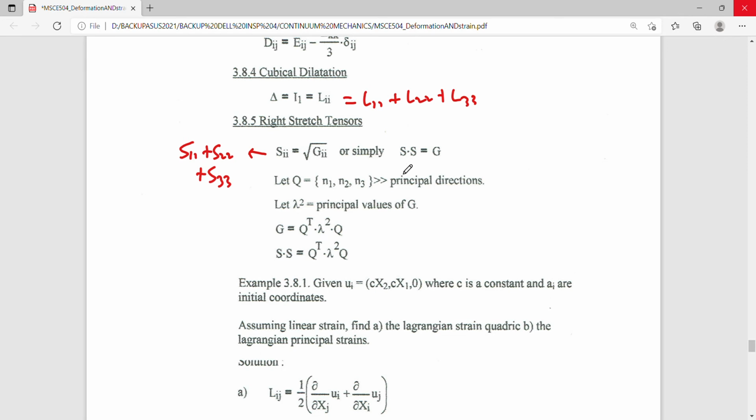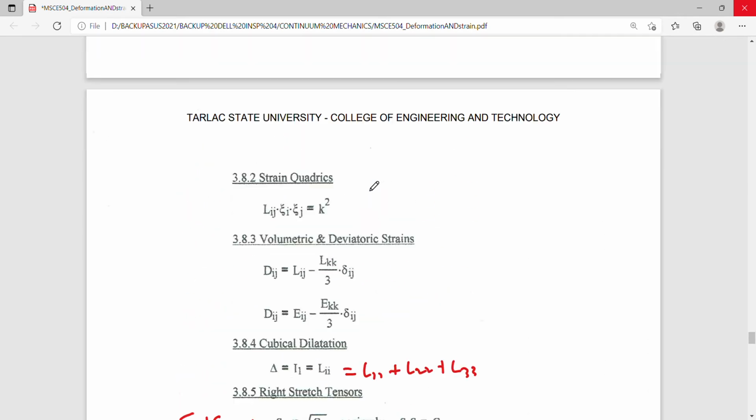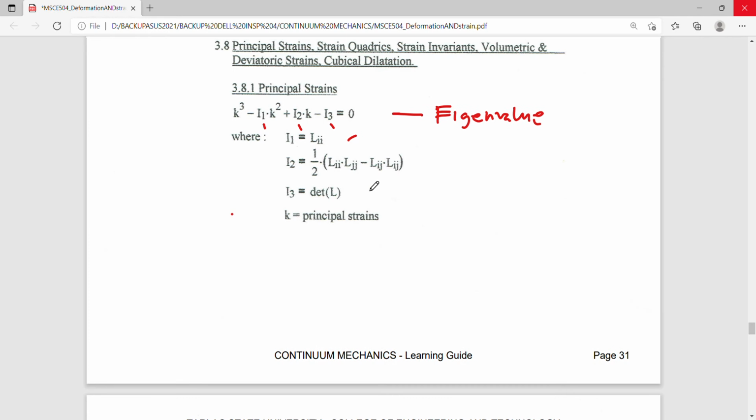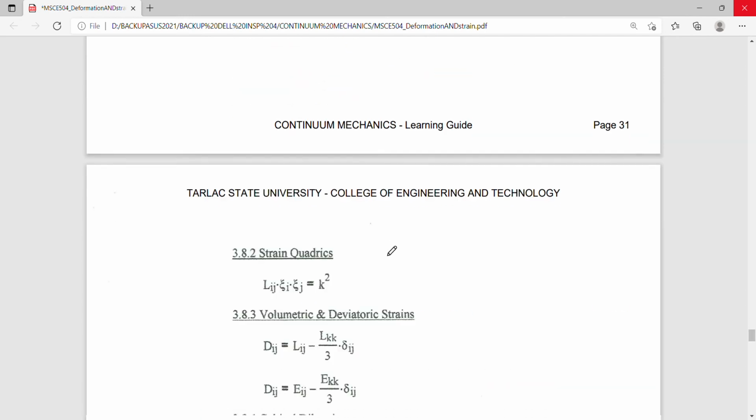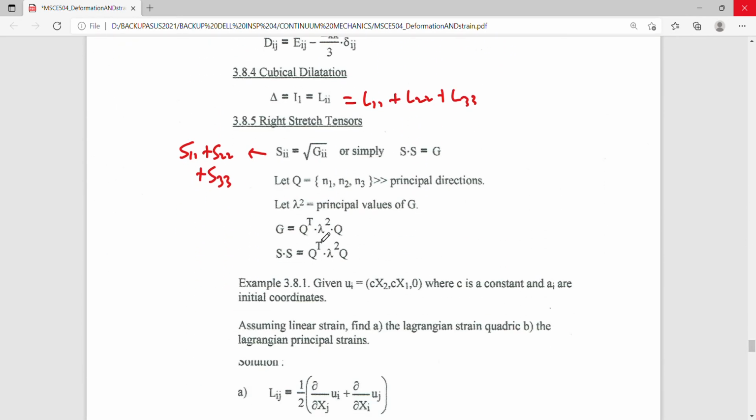So if we let Q be the principal directions n1, n2, and n3 obtained in the basis of doing the same procedure as that with the principal stress directions, or when we refer to the analysis of stress, then we can come up with the value of your Q in terms of the principal directions.